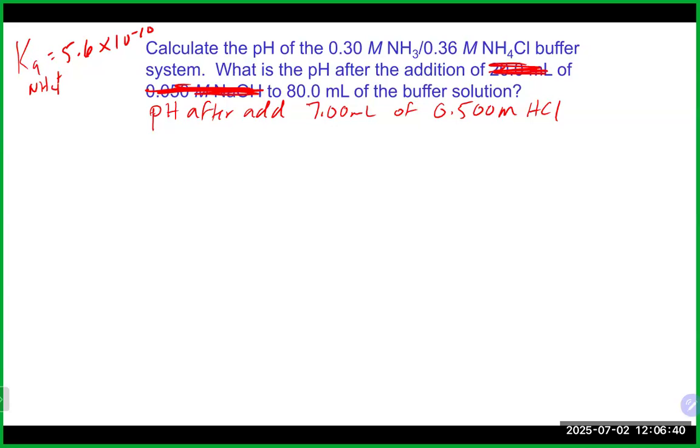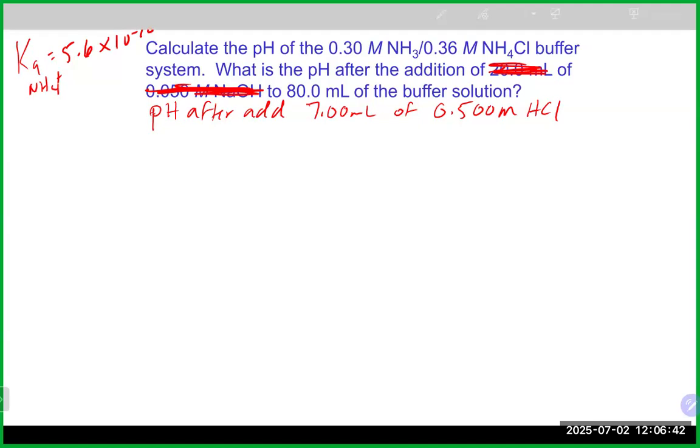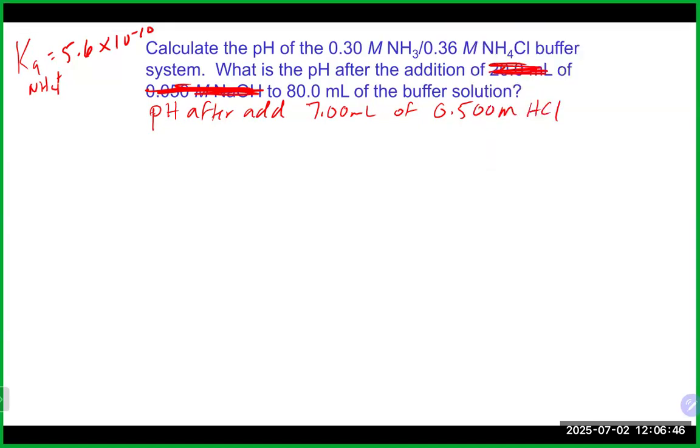Okay, let's take a look and see. So once again here, we have a buffer and we are adding, in this case, HCl to it. So clearly we need to do an ice table to figure out the effect of adding that HCl to our buffer. As we talked about last time, we could recognize this hopefully as a buffer, as these are the two components of it, that NH4 plus and that NH3.